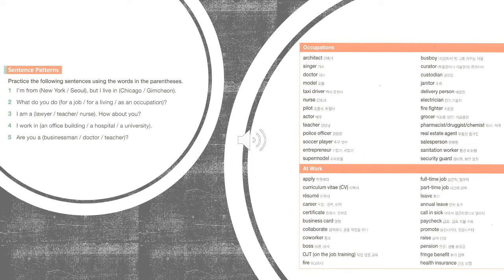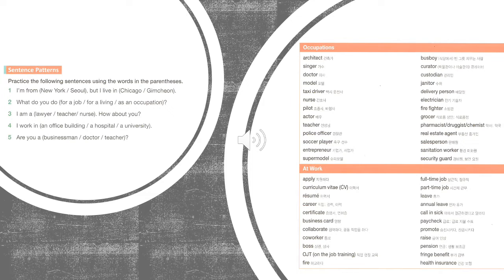You, of course, work and you get a paycheck. You get money every month for doing your job. Promote, here's another verb. Your boss might promote you if you do a really good job. And if you get promoted, you probably will get a raise. So you will get paid more money because you were promoted.